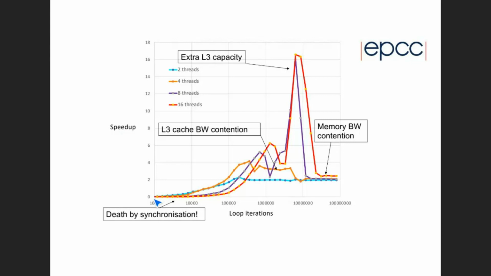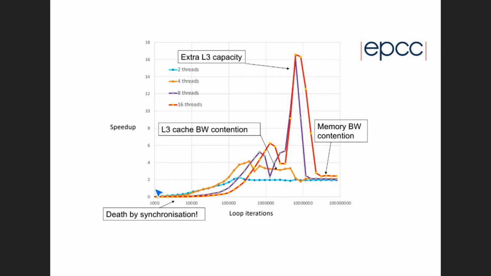Right, so this is a bit messy, but let's just pick out the main features here. Let's start off by looking at the blue curve here, which is 2 threads. I start off for n equals 1,000 by getting almost no speed up at all, and that's true for all numbers of threads. What's going on at the bottom level here is that I just don't have enough work in that loop to be worth parallelizing.